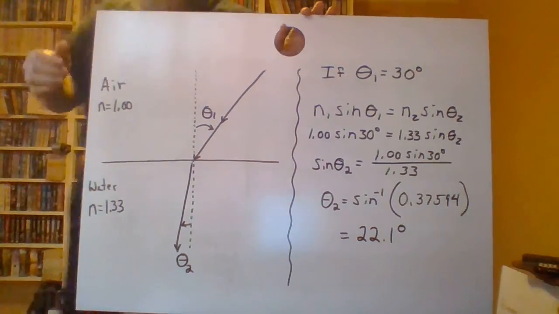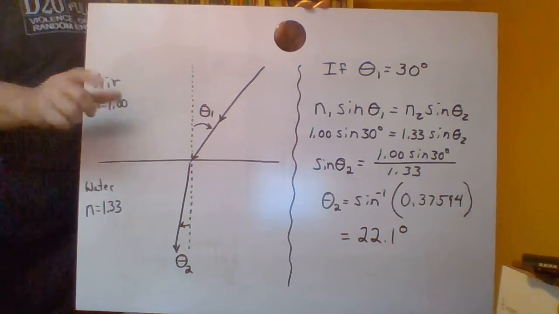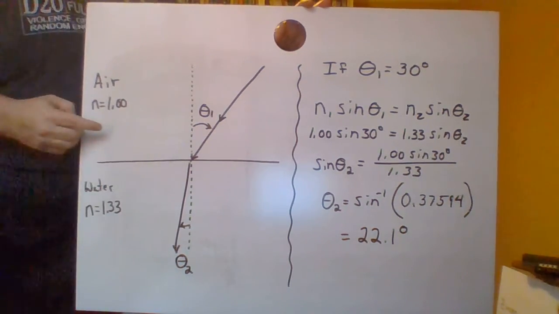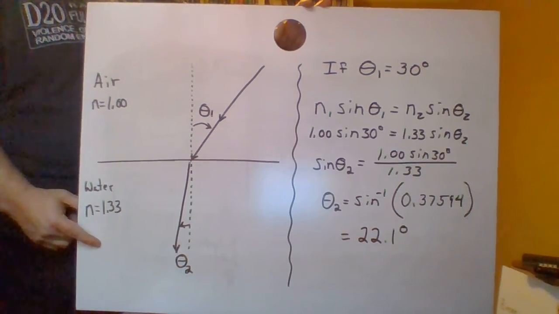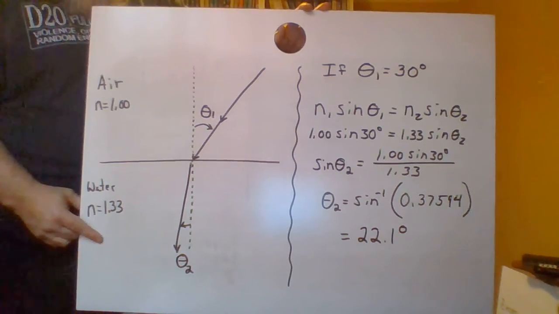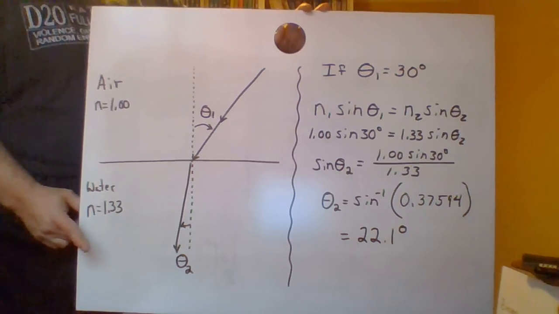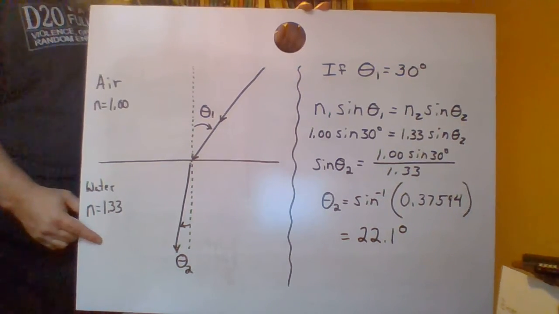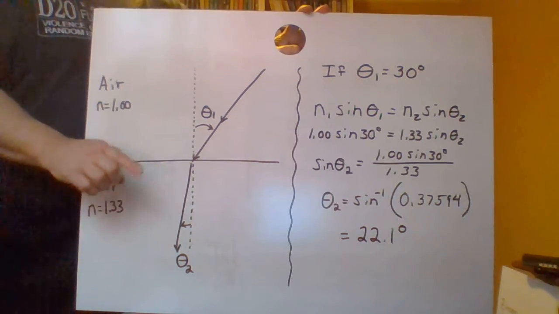If you compare the index of refraction of one material to the other, it's the opposite of their permittivities. Light moves faster in air than it does in water. The higher the index of refraction, the slower the speed. Therefore, the higher the index of refraction, the lower the permittivity.